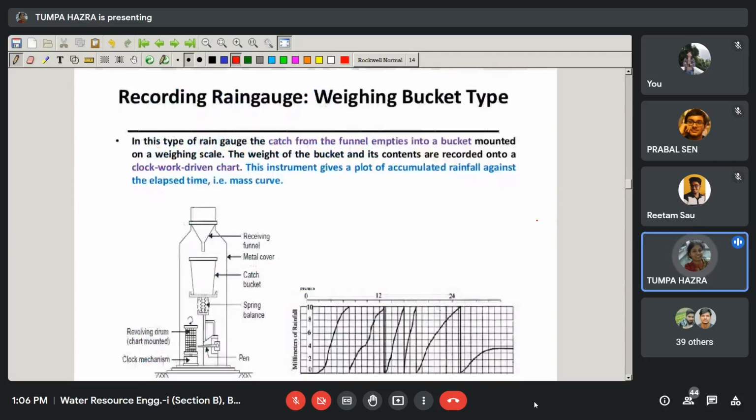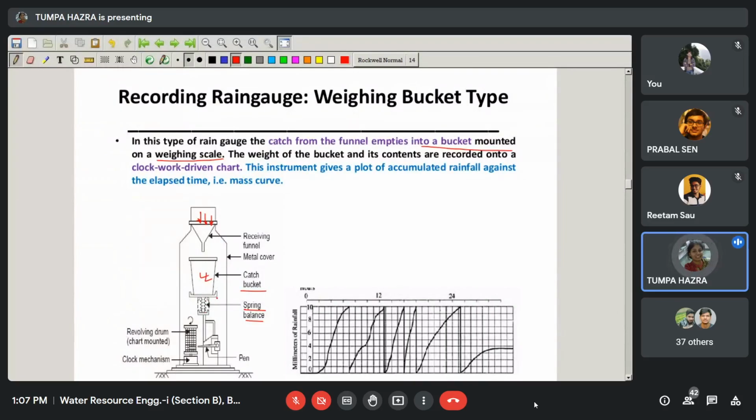Another recording type rain gauge I have told you is the weighing bucket type rain gauge. In this type, the catch from the funnel, here also you can see the arrangement of the funnel, the precipitation collected through the funnel empties into a bucket mounted on a weighing scale. Here you can see one spring balance, and on the spring balance the bucket is balanced.